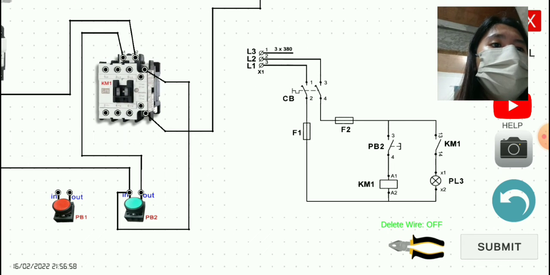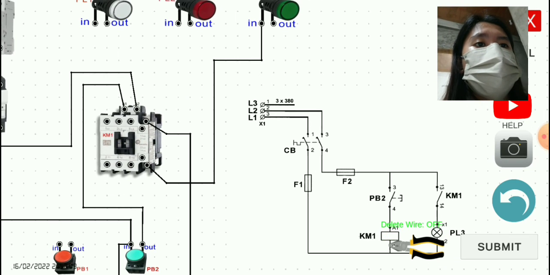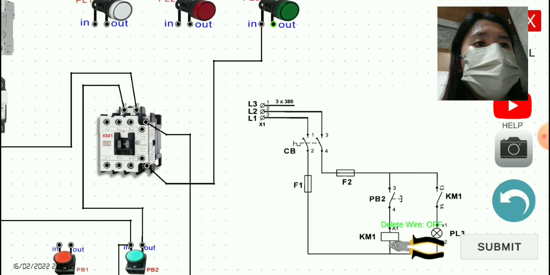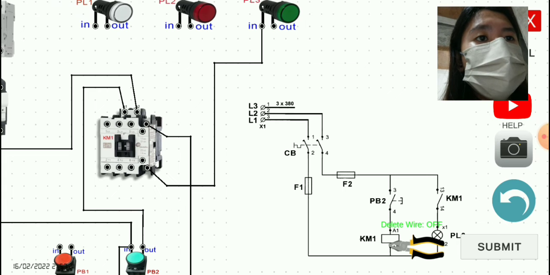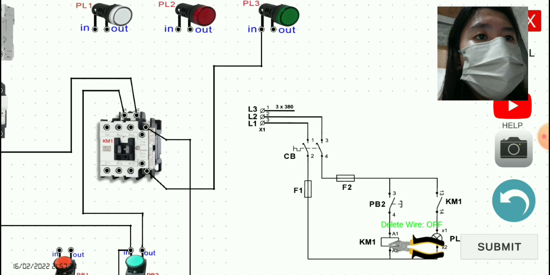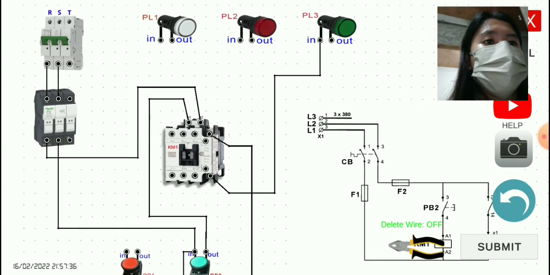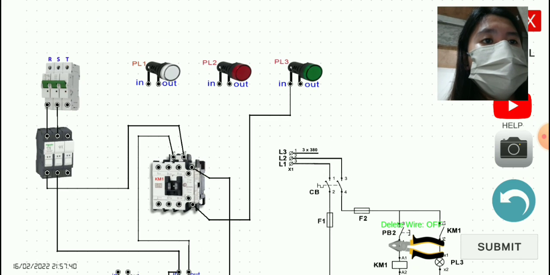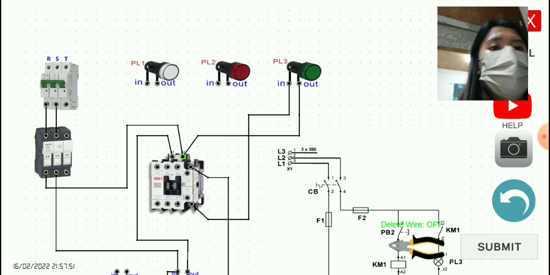However, it is more convenient and easier if you just connect it to our A2, because the A2 is connected to fuse 1. So we'll just connect it to A2.